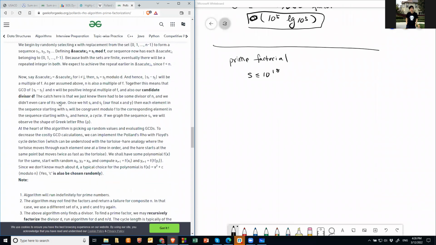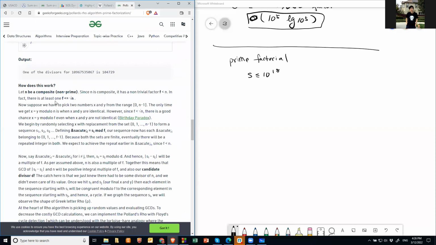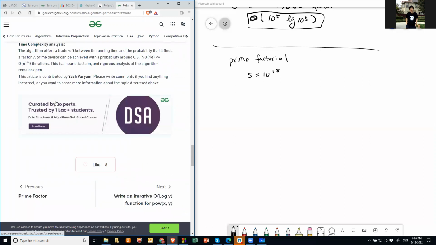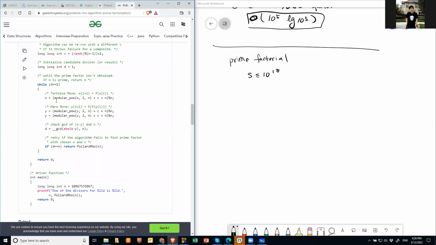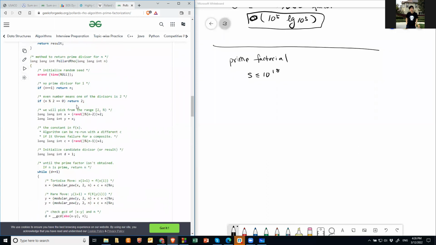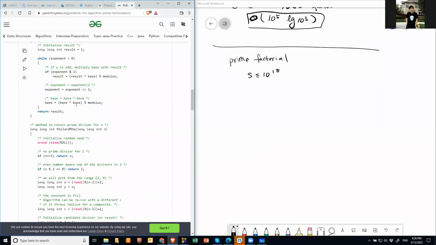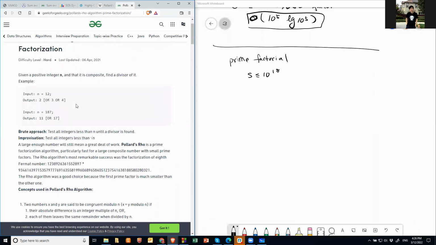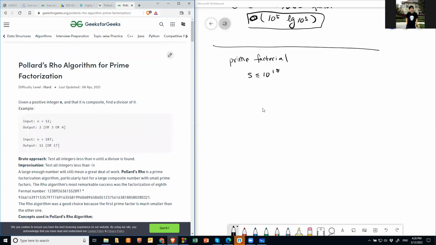So there's an explanation of how this thing works, and there's sample code of how to do this. Okay, so I'll take that as homework for you to go back and look at it.